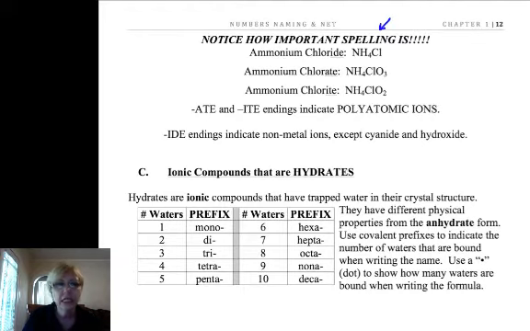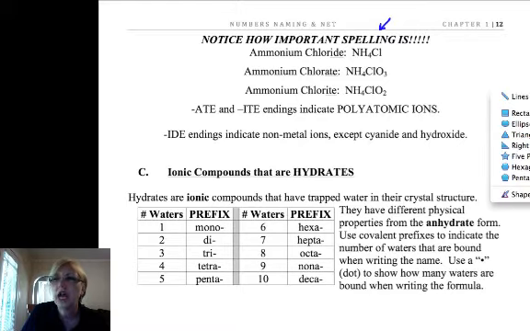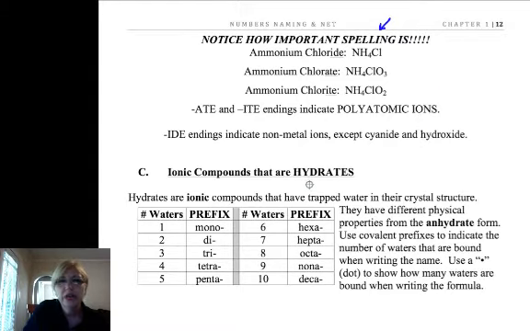Now, the last little topic of ionic compounds that we want to cover are our hydrates. Hydrates are ionic compounds that tend to trap water, right? If you're dehydrated, you drink water. So that word hydrate implies water. Many of them trap it in their crystal structure, and we can heat them and cause a chemical change, because the colors are quite different.